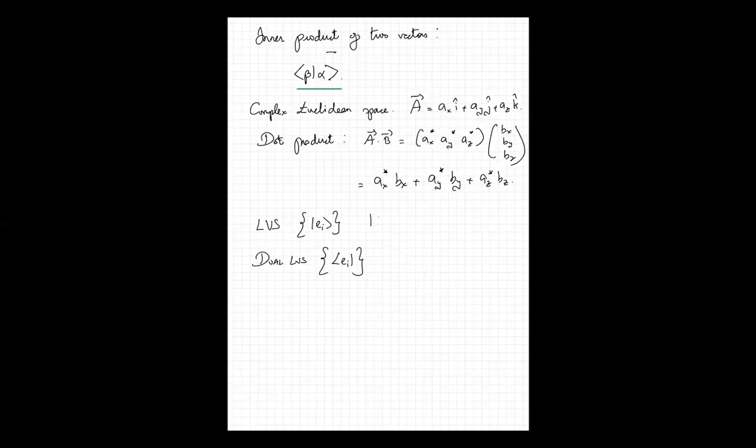Every vector in the linear vector space can be thought of as a linear combination of these basis vectors. And similarly, every vector in the dual vector space can be thought of as some linear combination of the dual bra vectors. And a bra times a ket would give you a number, in general a complex number.